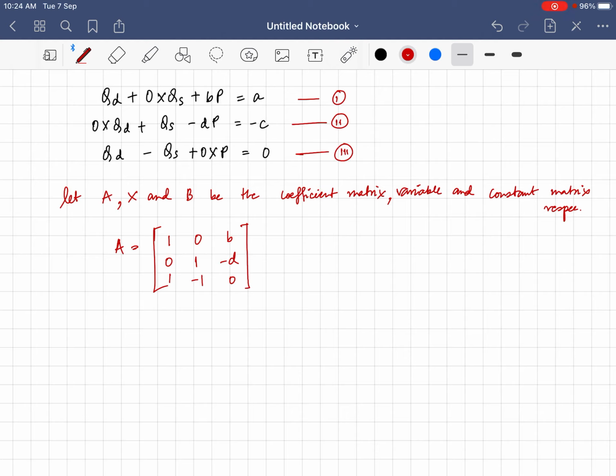Now the next thing we are going to do is write the variable matrix. So what are the variables? The first variable is QD, the second one is QS, and the next one is P. One thing you see, since by solving these problems we are directly finding the value of QD, QS and P, those are particular values, right?